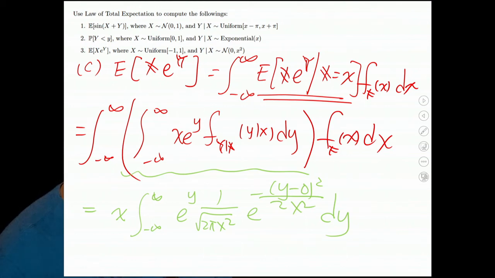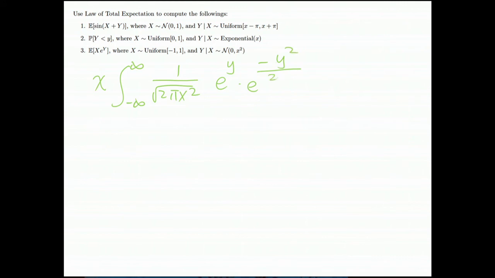Now next page, I have the same form, x, but e to the y times e to the minus y squared over 2x squared dy. I want to make a perfect square.